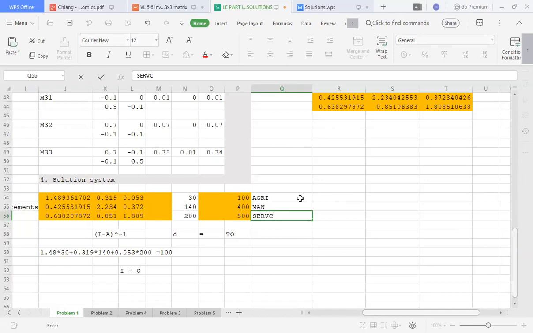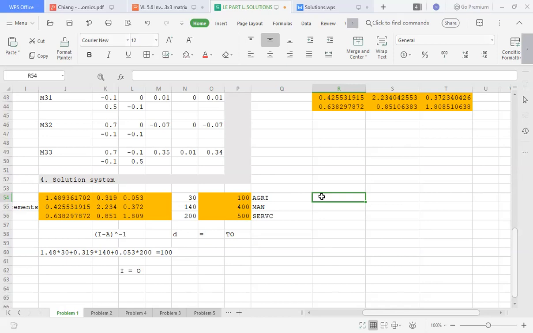In that case, we can just say that the agricultural industry should produce 100, let's just say, billion worth of output. The manufacturing industry 400 billion worth of output, and the services industry will produce 500 billion worth of output.